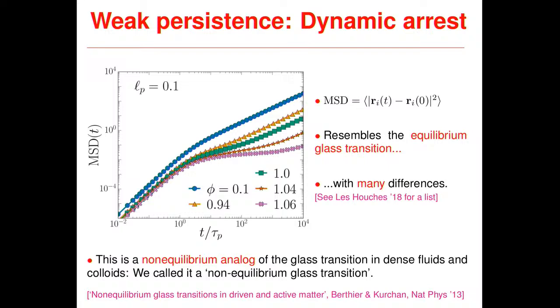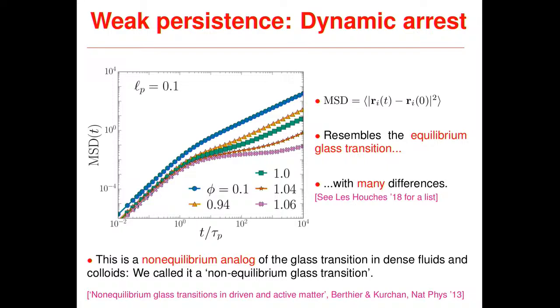But even worse than this, if you look at the theories of the glass transition, they often start by importing results from the good old liquid state theories to describe the pair structure of the liquid. If you put a little bit of self-propulsion, you don't know how to predict the pair correlation function anymore, and liquid state theory is no longer available.